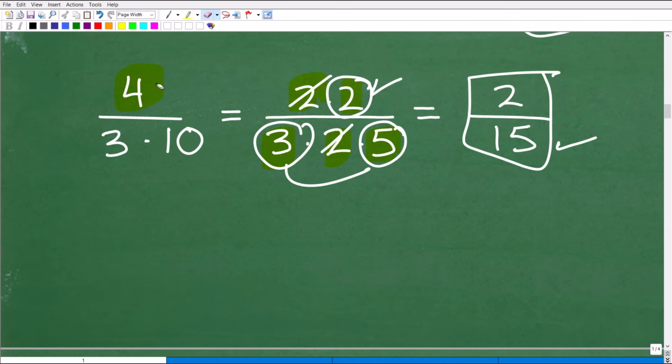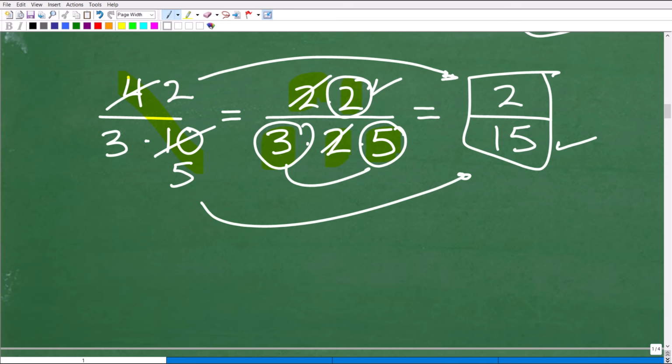Another way you could approach this is to say 4 and 10: 2 goes into 4 twice, and 2 goes into 10 five times, so 3 times 5 is 15. Depending on how you learned to reduce fractions and cross-cancel like factors, there are different approaches, but the bottom line is the correct answer is 2/15.